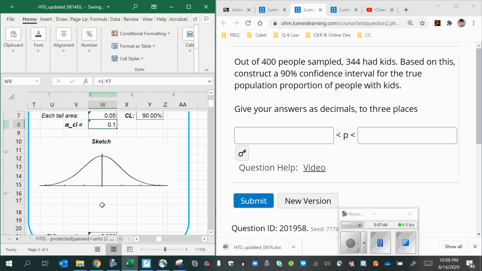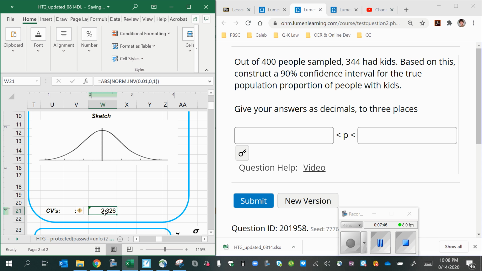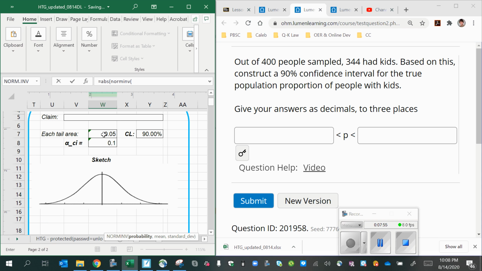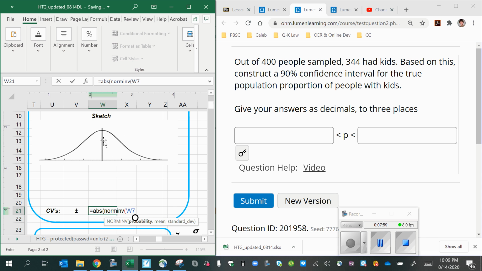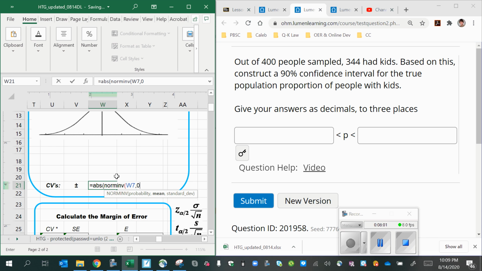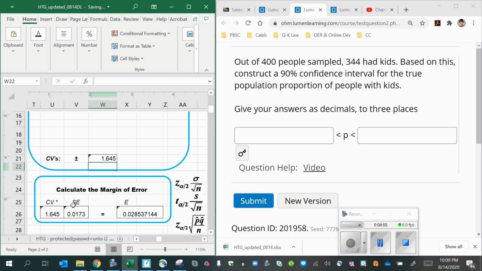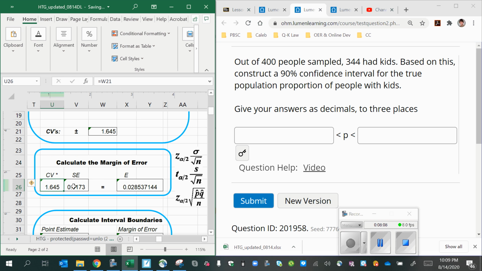My critical value will be found by doing absolute value norm.inv on my half tail, then comma 0, comma 1. So now I have 1.645 times the standard error, right?